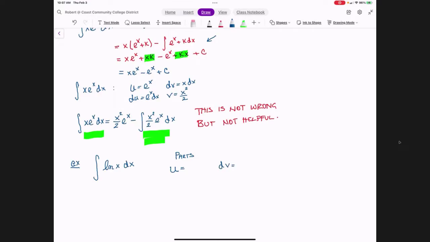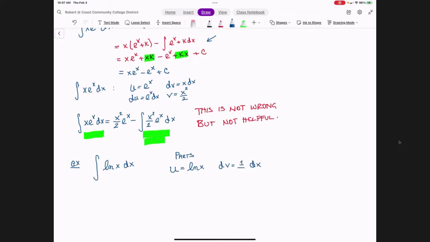The dv has to have dx in it, okay? Now the natural log part has to go either here or here. But if we put it there, then we'd have to integrate it, and that's like begging the question, right?